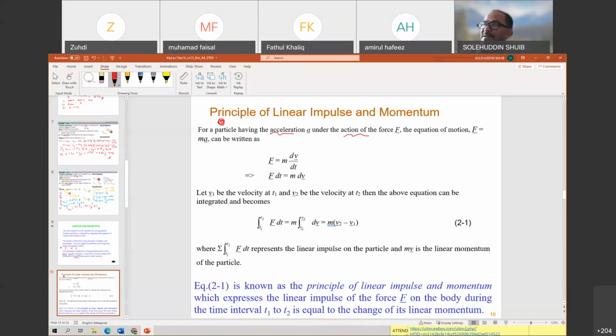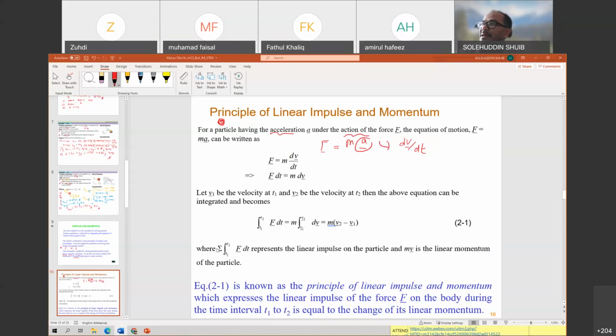So we can write F equal to ma. And acceleration, we have learned before, is dv/dt. We differentiate the velocity with respect to time.